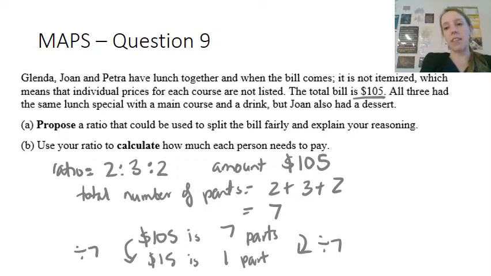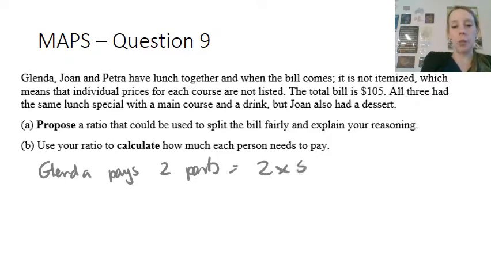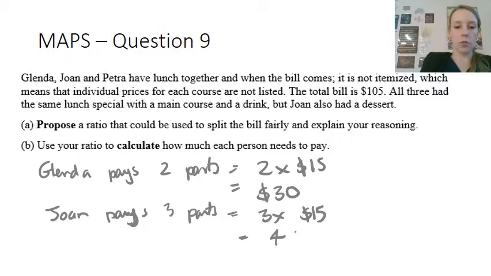Okay, I'm going to have to clear the screen. So now I need to work out what each person has to pay. So Glenda pays 2 parts. And that is equal to 2 times 15, because 1 part is $15. She's got 2 parts, so she's going to pay $30. Joan paid 3 parts. So that's 3 times 1 part, which is $15, and that's $45.